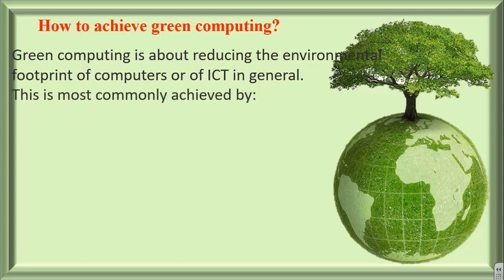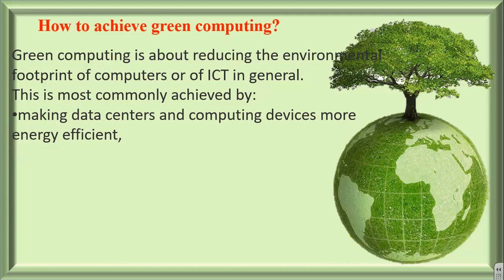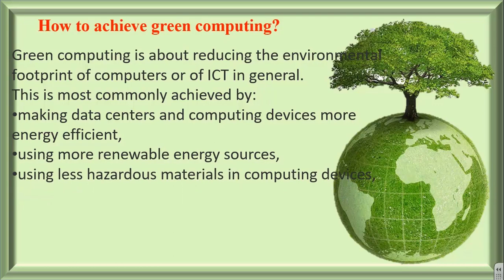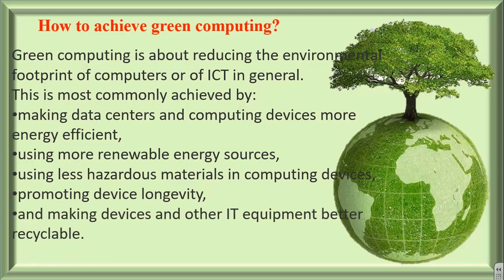This is most commonly achieved by making data centers and computing devices more energy efficient, using more renewable energy sources, using less hazardous material in computing devices, promoting device longevity, and making devices and other IT equipment better recyclable. All these propositions will help us to achieve green computing.